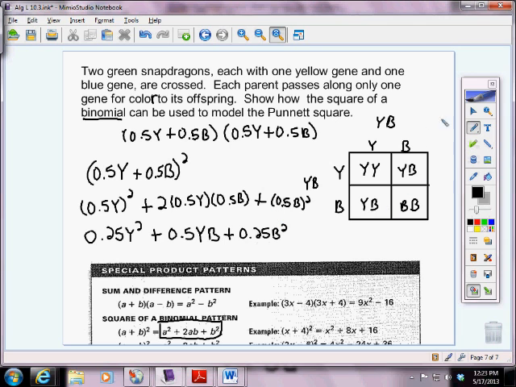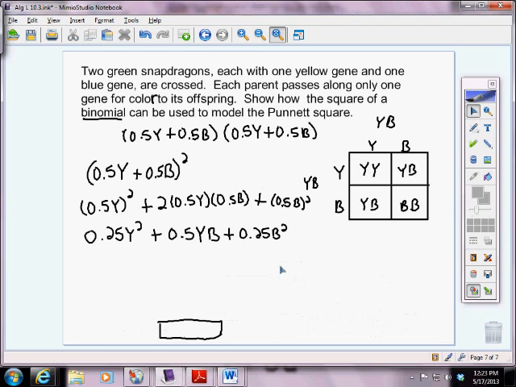So what does that mean? This means that if we look at this, 25%, 0.25 will be yellow, 25% over here will be blue.